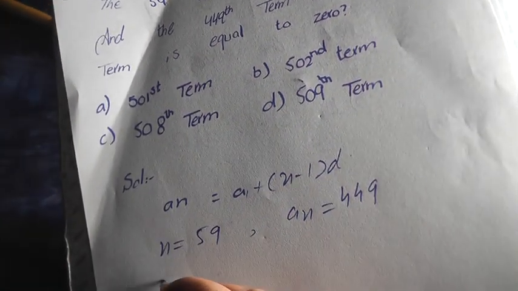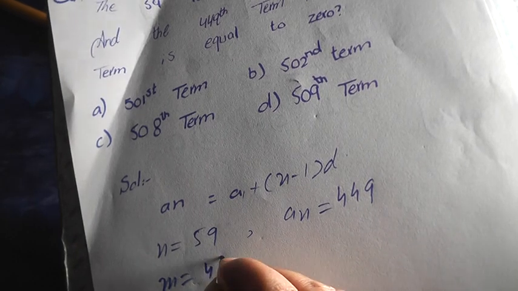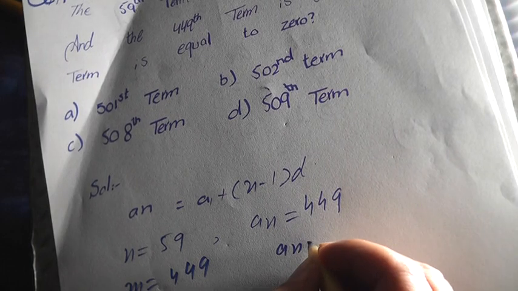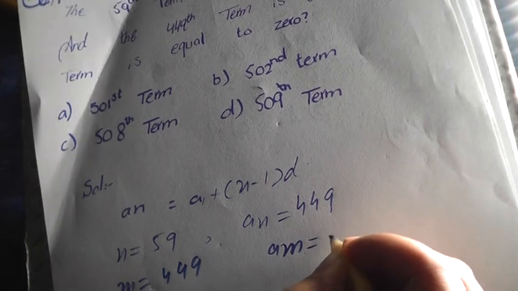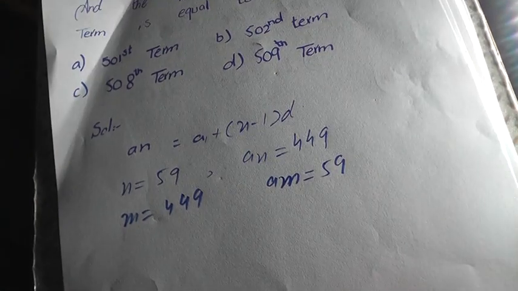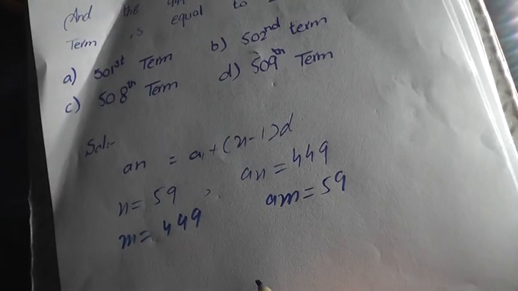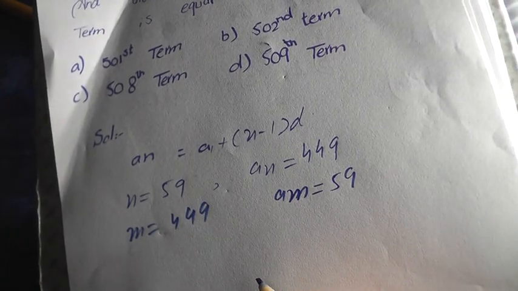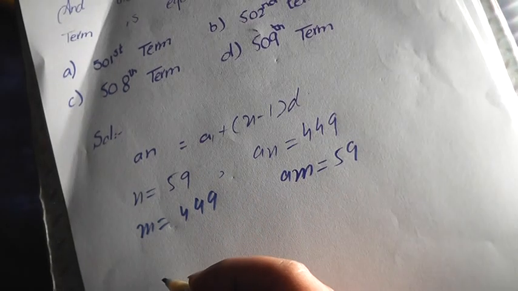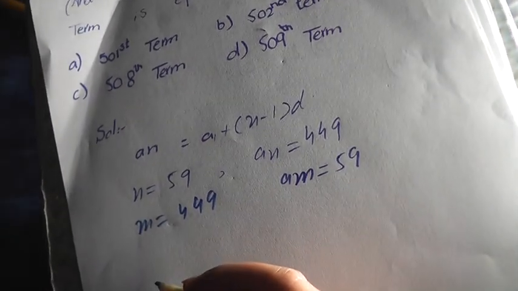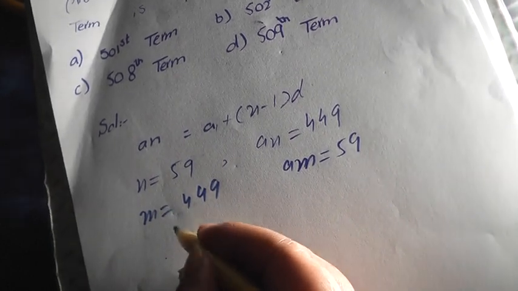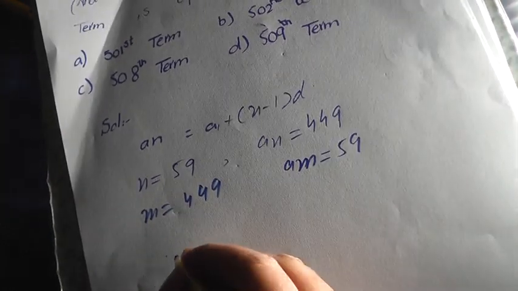Let's take m is equal to 449, so the mth term is equal to 59. Which term is equal to 0? A shortcut method is that you can think about what the required term will be. You can also calculate by the traditional method, but here we will use the short trick. The short trick is that the sum of these terms is equal to 0.